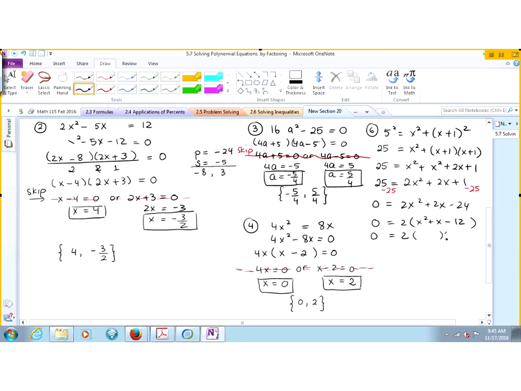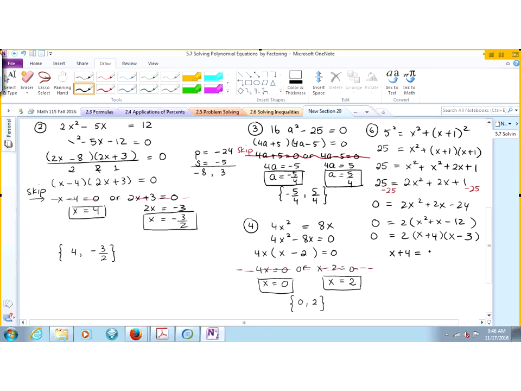So now let's factor this out. What is this? X plus 4 times x minus 3. Okay. So what is my solution? X equals. So this is what I usually skip. Can 2 be 0?